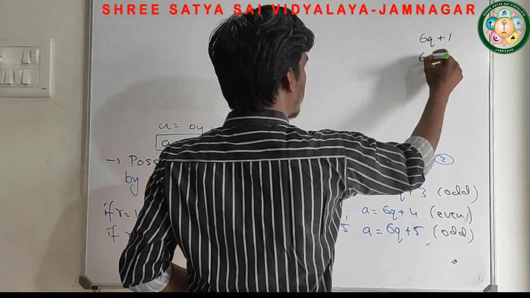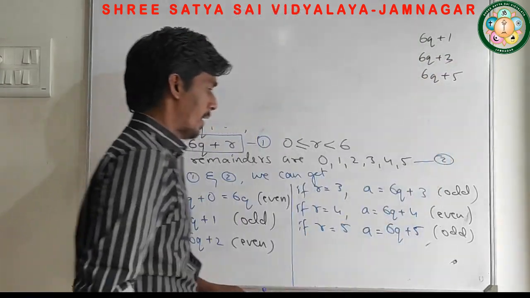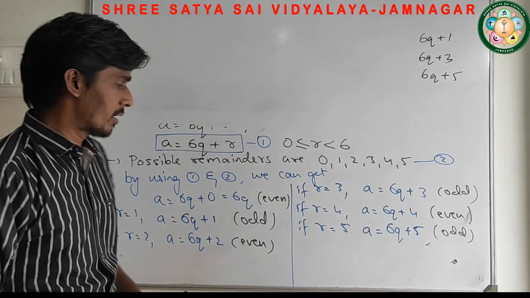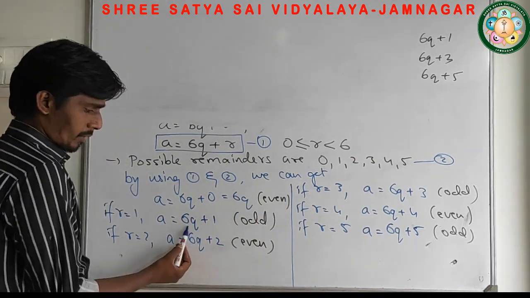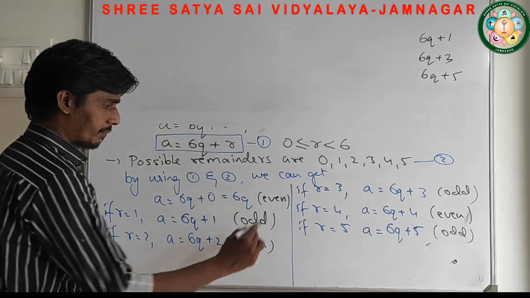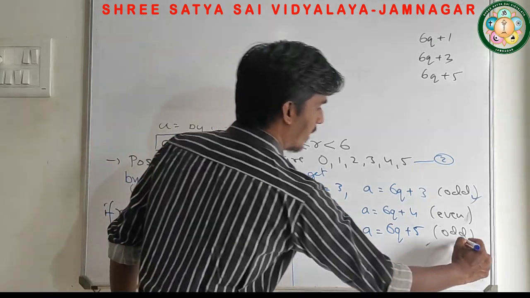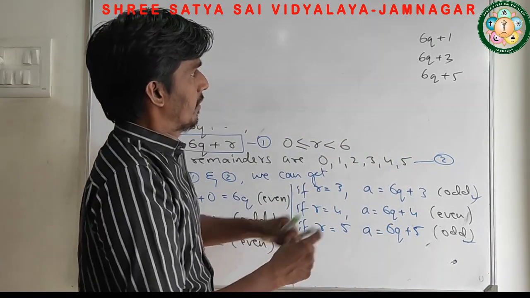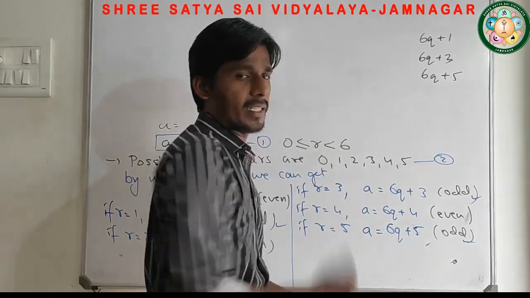6q plus 1, 6q plus 3 and 6q plus 5. Now out of these 6 equations, just look at the equations which have odd integers. So which are they? 6q plus 1 is odd, yeah. Then 6q plus 3 is odd, yeah. 6q plus 5 is odd. Look at what equations you have to prove: 6q plus 1, 6q plus 3, 6q plus 5.